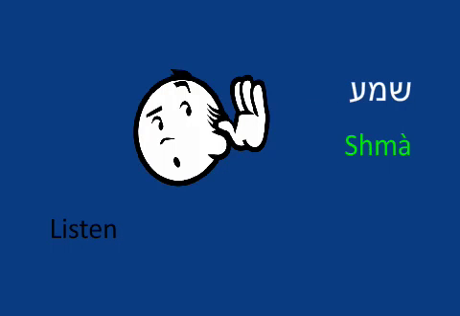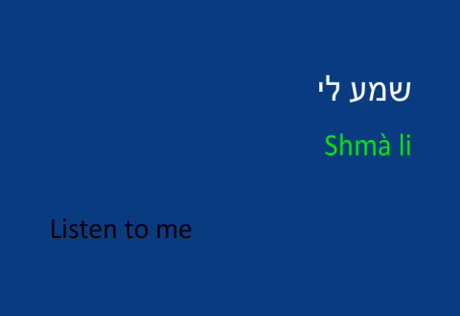The last thing we'll learn today is how to say to hear in the imperative. Hebrew has a special verb form for the imperative. In the case of to hear, if I wanted to tell someone, listen, it's shma. So listen to me would be shma li.